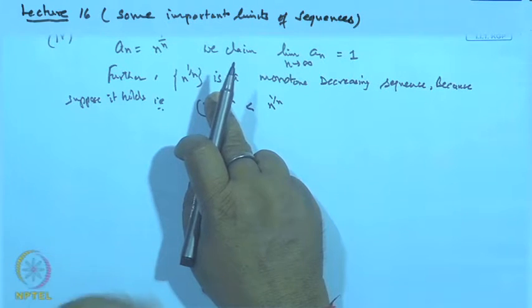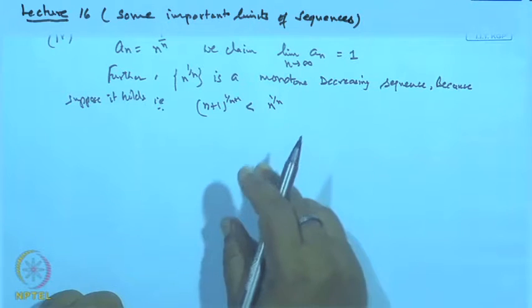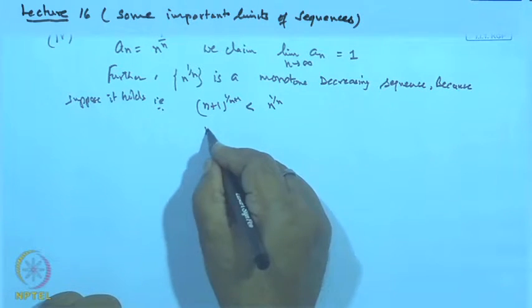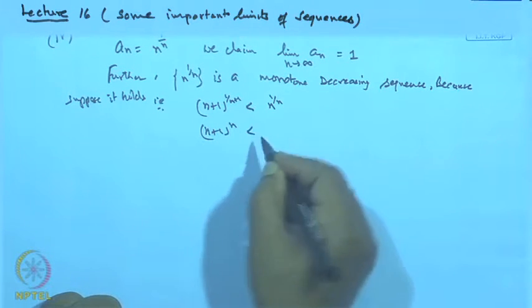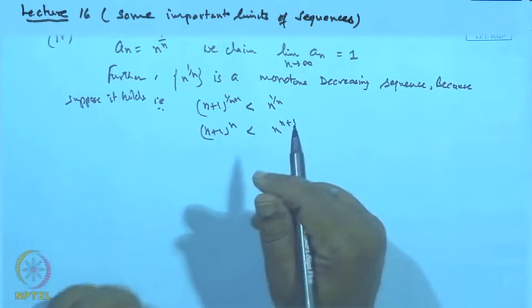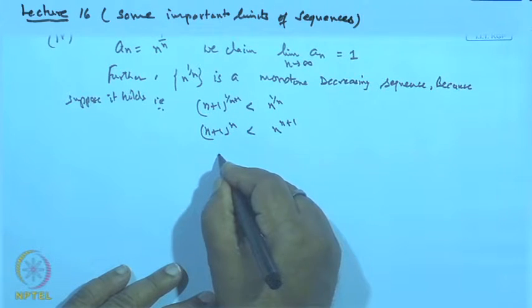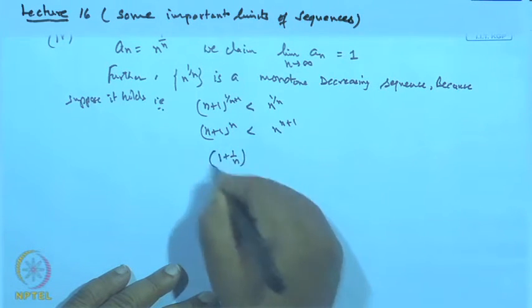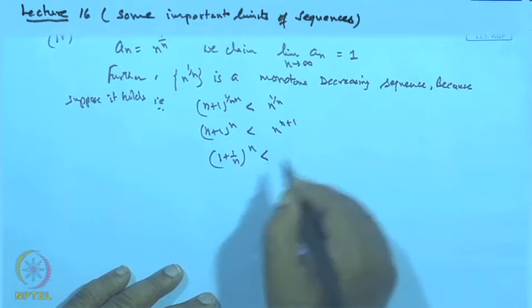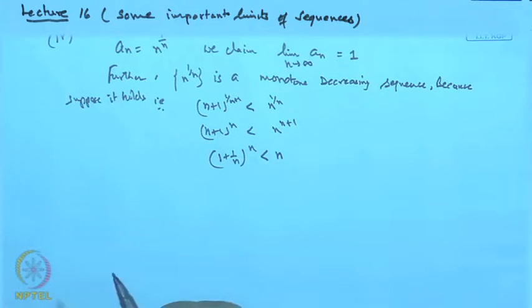Exactly n plus 1. So, what we get is (n plus 1) to the power n is less than n to the power (n plus 1). Now, when you divide by n, we get (1 plus 1 by n) to the power n is less than n.